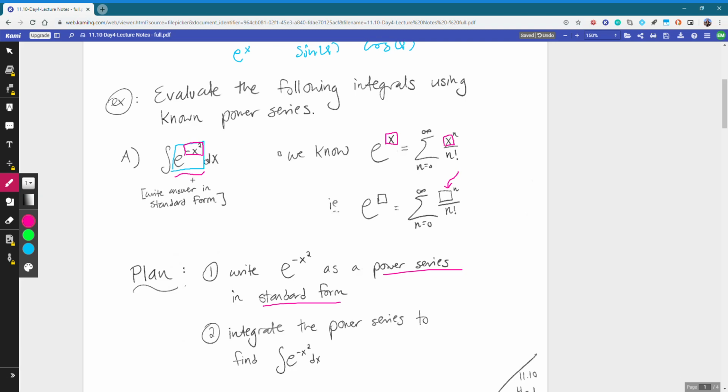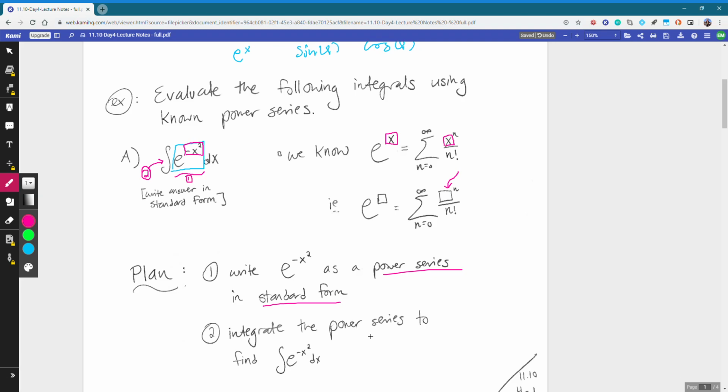All right, so first step here is actually kind of writing the function as a power series. And then once we've done that, we can go ahead and integrate that infinite polynomial, right, to find the integral that we want. All right, so we have a 2-step plan for success here.